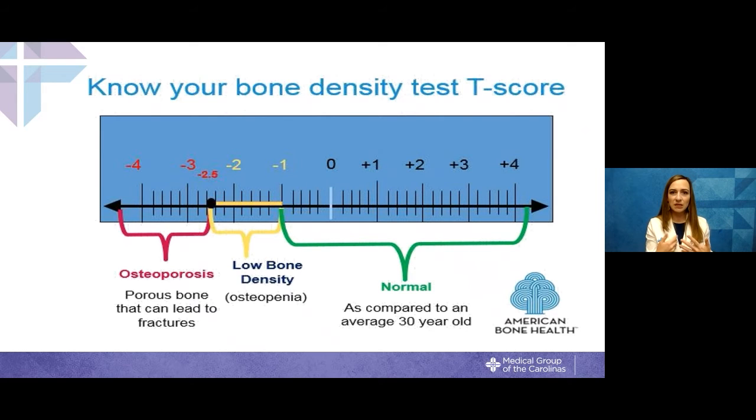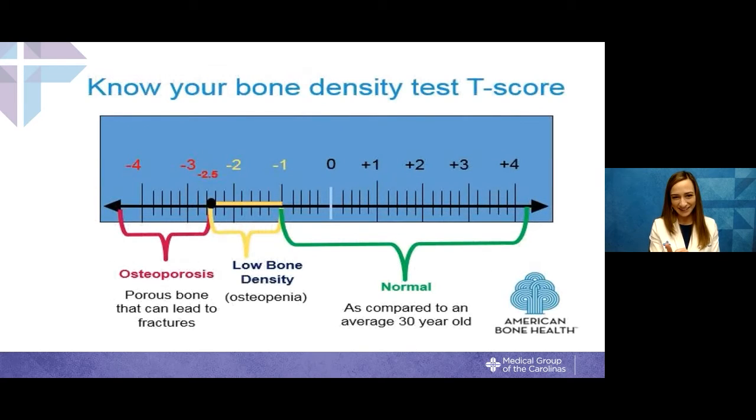Osteo meaning bone, penia meaning less than. So a little bit less bone. And then our red zone, our big traffic light red, right, that's our osteoporosis. Osteo meaning bone, porosis meaning more pores. So more of that Swiss cheese appearance to the bones, okay? That's anything more negative than -2.5. So if you're looking at home at your MyChart, that's the number that you're looking at, okay?